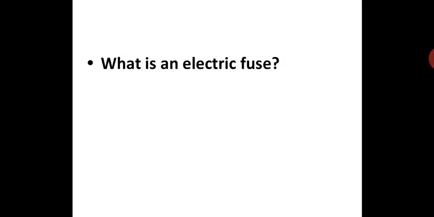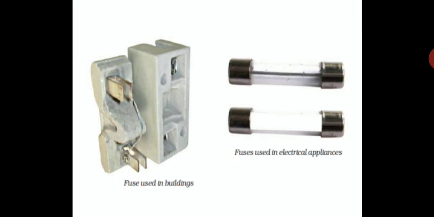So what is an electric fuse? When you are learning about electric current and its effect, let us see what an electric fuse is. This is a very important device.